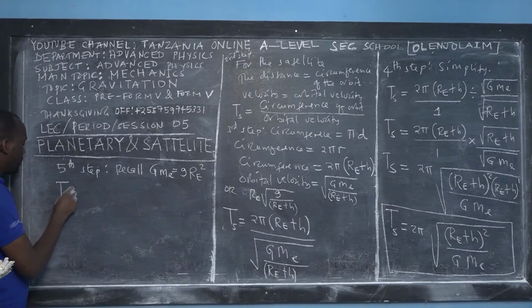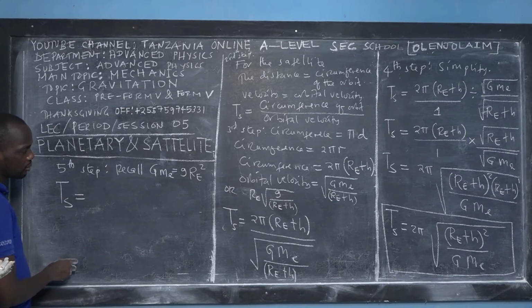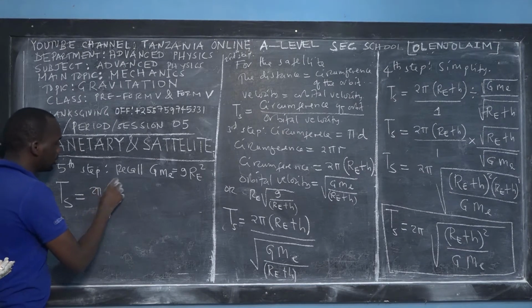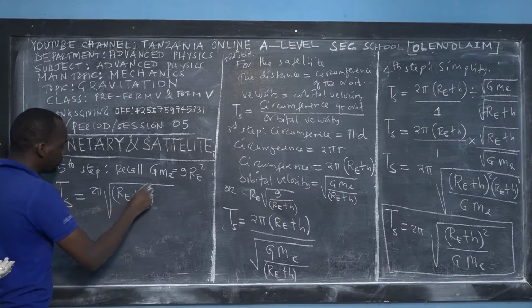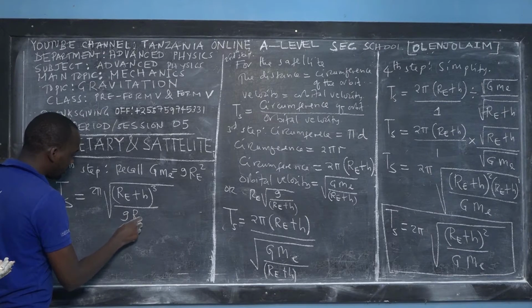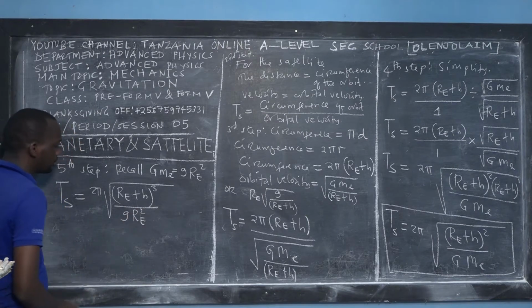So we say that the period of the satellite, we can also express it, is equal to twice pi times the square root of what? Radius of the Earth plus the height cubed, and then this one we divide by acceleration due to gravity times radius of the Earth squared.